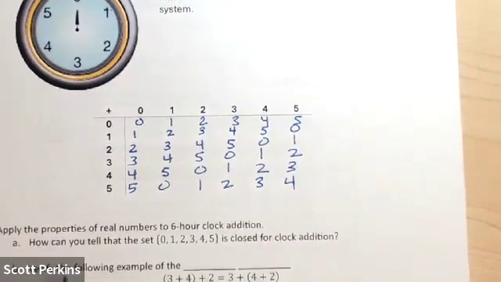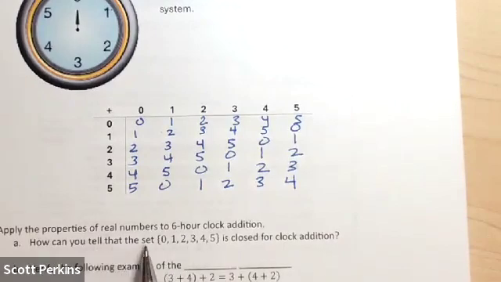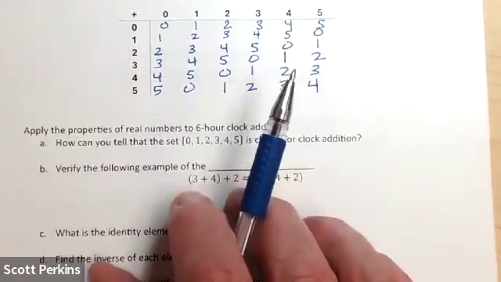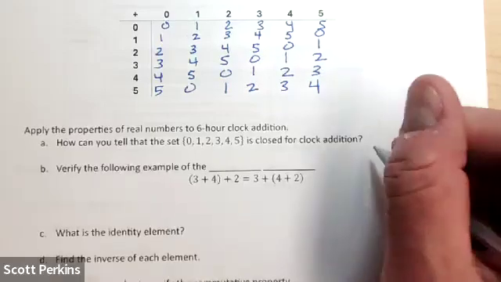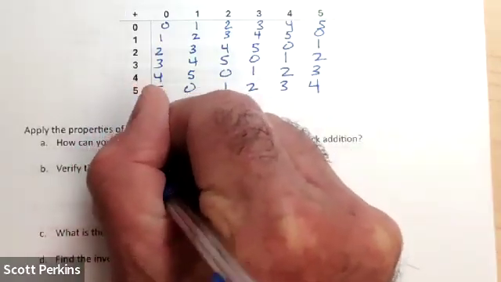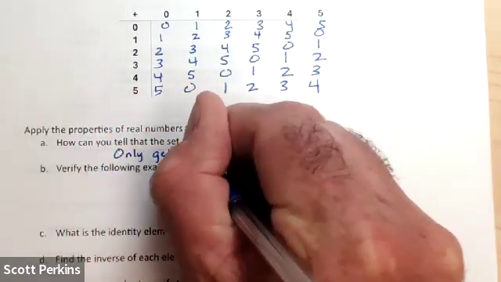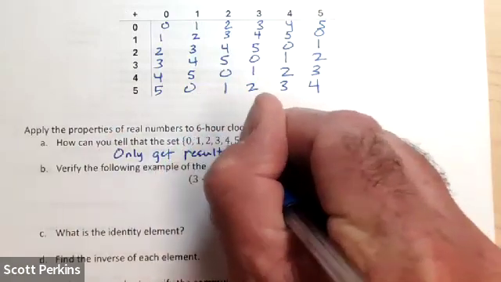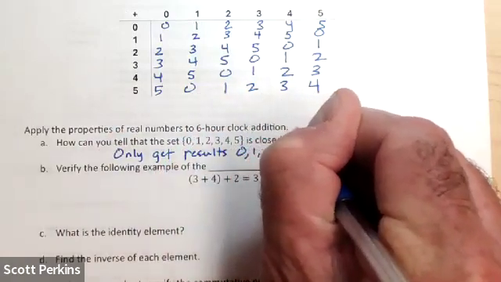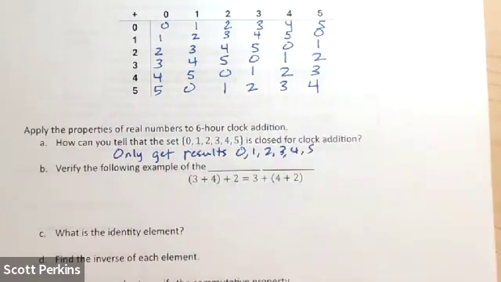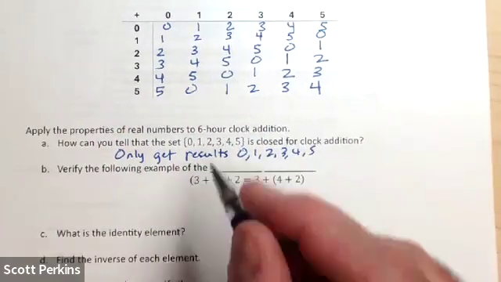So apply the properties. How do you tell if the set is closed under addition? Well, because you only get the elements of the set. This right here is the associative property.